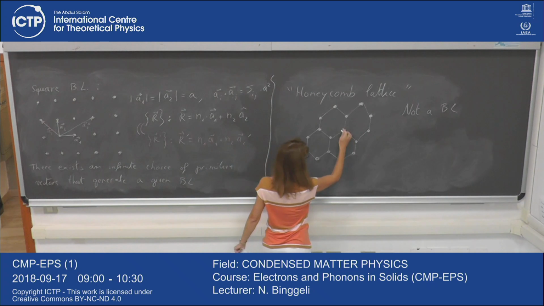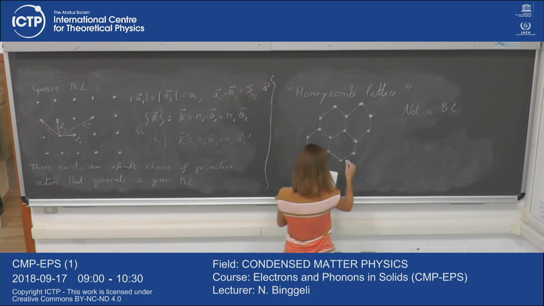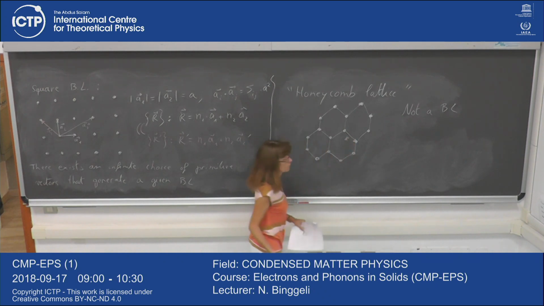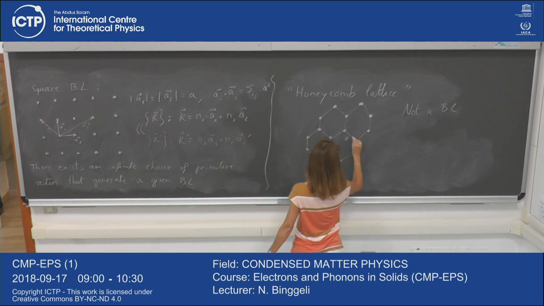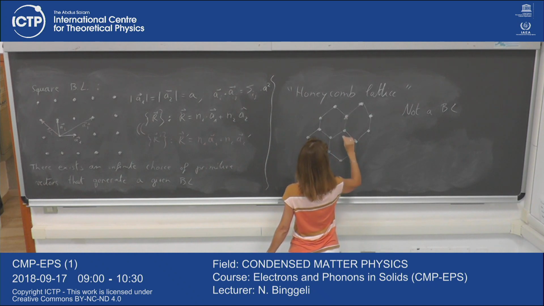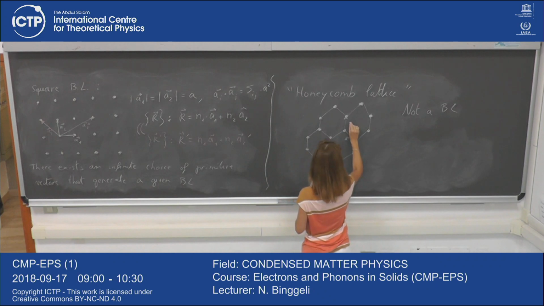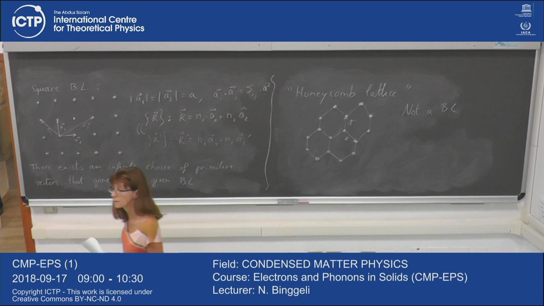So the difference between these 2 points, the vector D here, must be a vector from the Bravais lattice, and the same for the difference between these 2 points. So D prime here must be a vector of the Bravais lattice, okay?